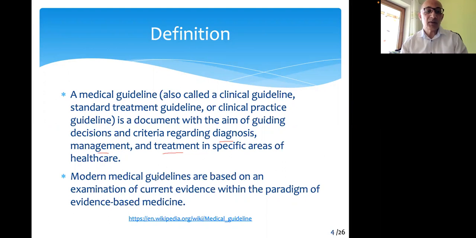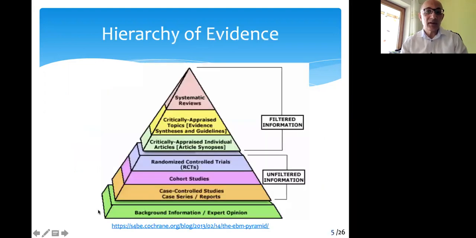diagnosis, management, or treatment. Modern medical guidelines are based on an examination of current evidence with the paradigm of evidence-based medicine. And coming to this, I need to refer to this evidence-based EBM pyramid.